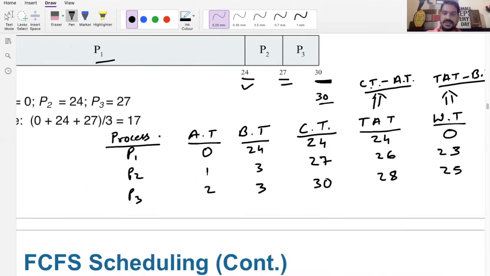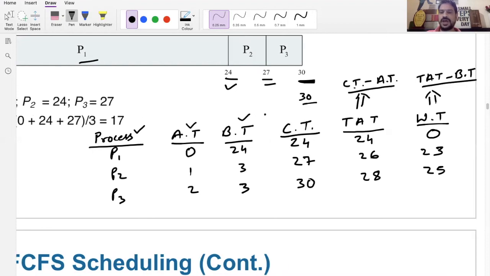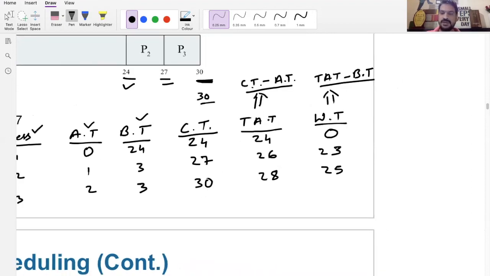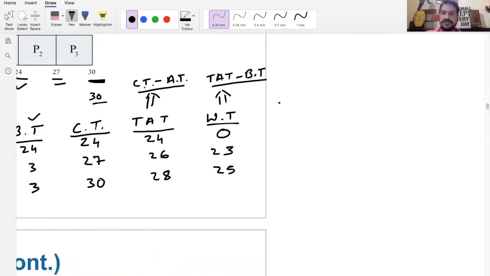So in the examination, you have been given the process, the arrival time, and the burst time. What you have to calculate is the completion time, the turnaround time, and the waiting time. And at last, you have to find the average turnaround time and average waiting time. How do you calculate average turnaround time?